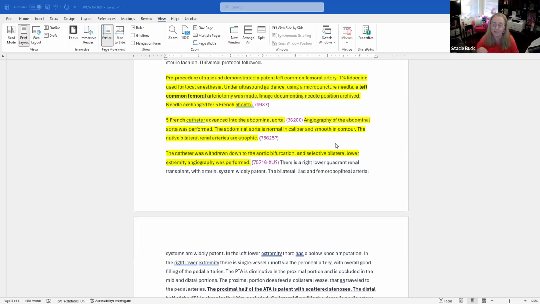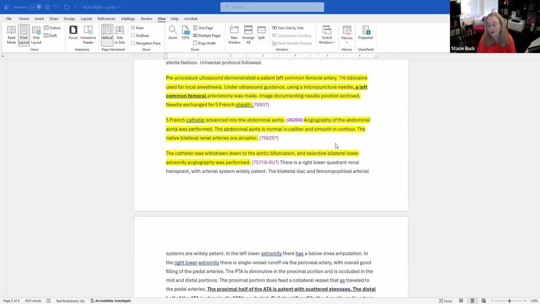I think sometimes the physicians are probably seeing the origins of these vessels, but if they're normal, they're probably not commenting on them. But because we see that the renal arteries had a notation there, we know that the catheter was high enough up in the aorta to actually perform an abdominal aortogram.